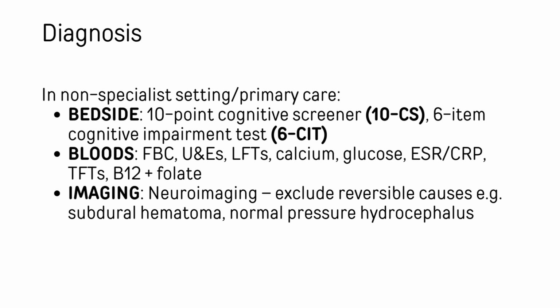In terms of imaging, we can do neuroimaging to explore some of the reversible causes, subdural hematomas, normal pressure hydrocephalus. The point of the bloods and the imaging is essentially to identify reversible causes so we can treat the underlying cause and stop it from contributing towards dementia.